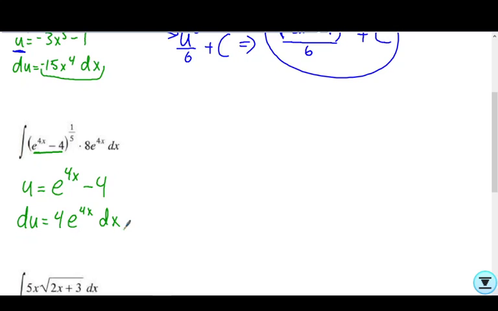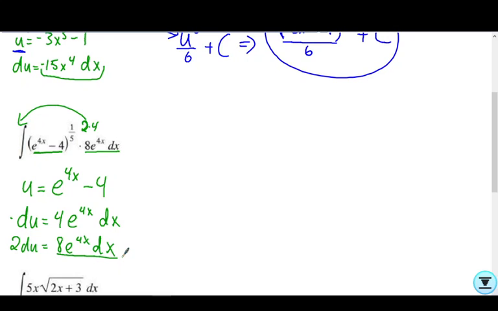Now, I don't have 4 e to the 4x, I have 8 e to the 4x. So I could either split this into 2 times 4 and move the 2 out front, or to get this to match, I could say, well, then 2 du, multiply both sides by 2, and I get this to match.